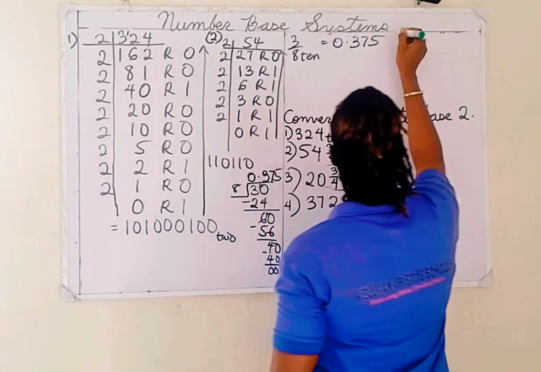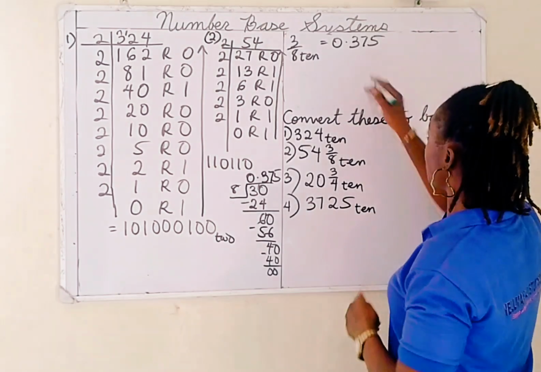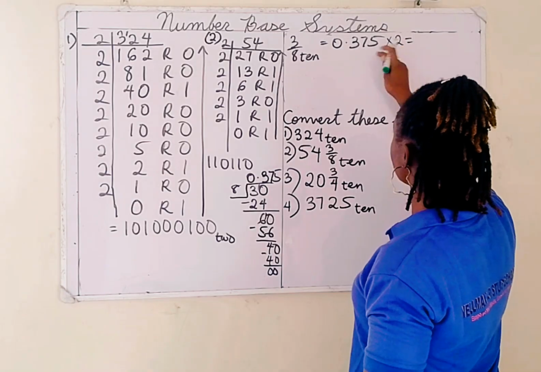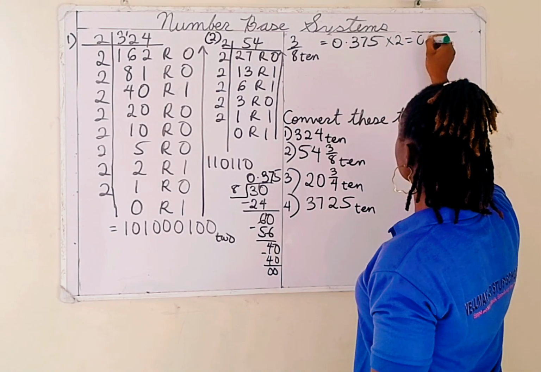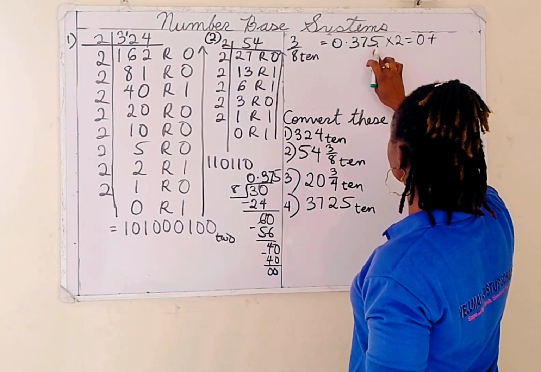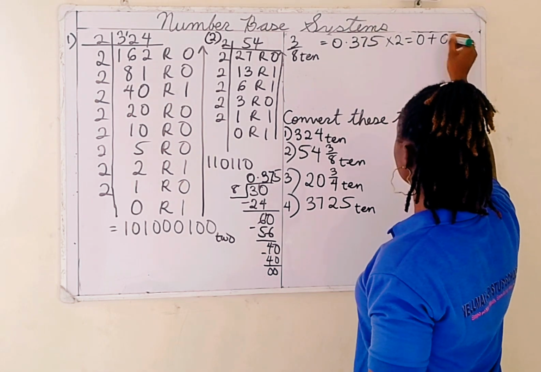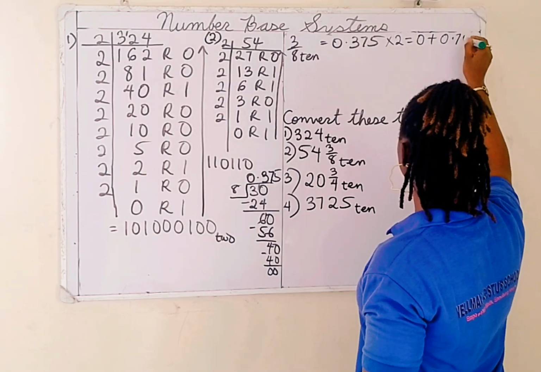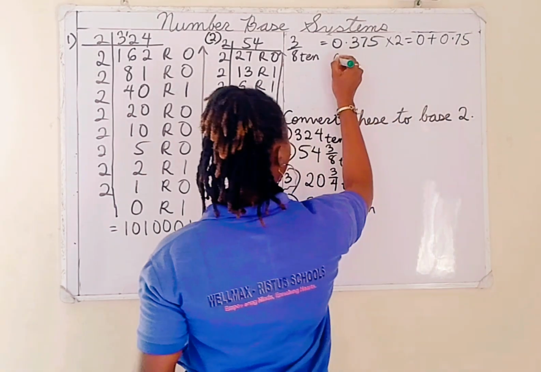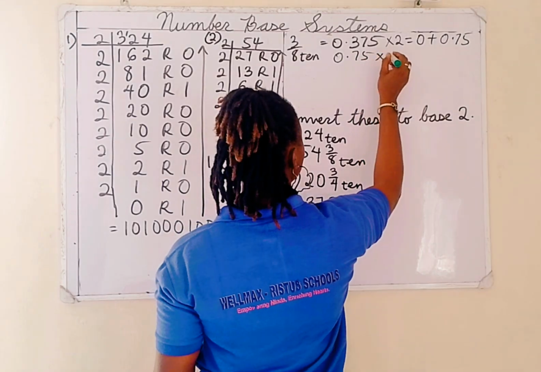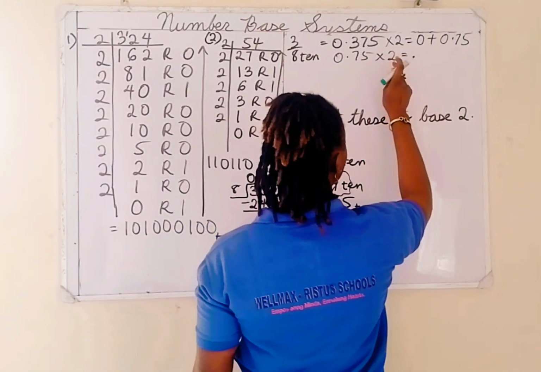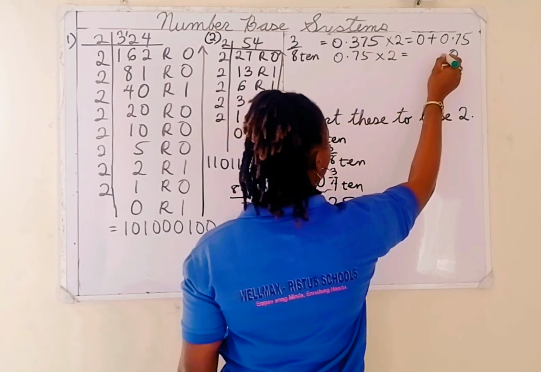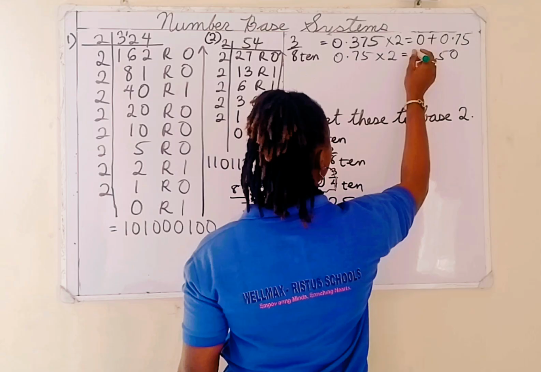So 0.375 times 2 equals 0.75. Now 0.75 times 2 equals 1.50.